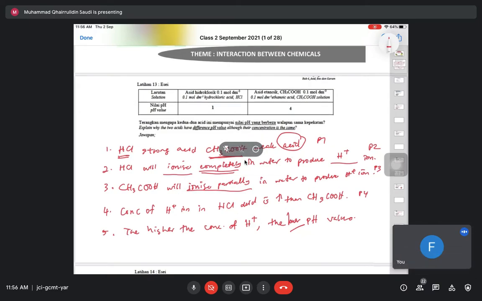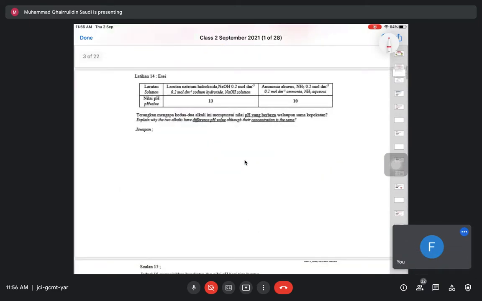So the next one is the same thing, but this time we are going to talk about alkali. Explain why the two alkali have different pH value although their concentration is the same. It is the same thing.